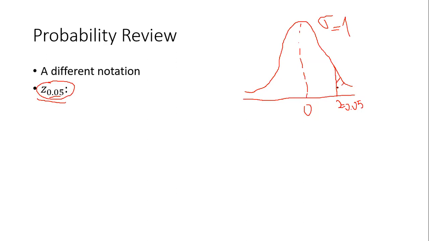So this area here is 0.05. This is not something new. There is no calculation here. This is just a notation. We just show some z values by writing a subscript to them. So z sub 0.05 is the value which leaves an area of 0.05 to the right.